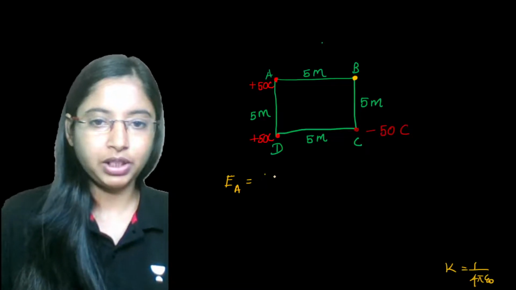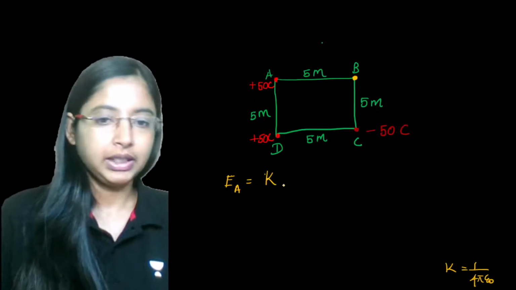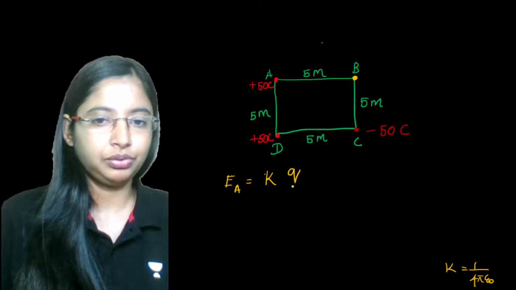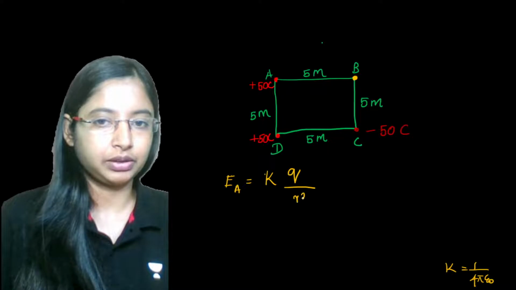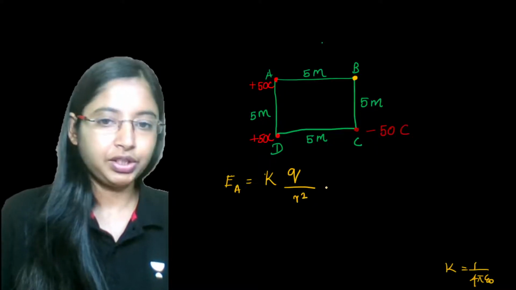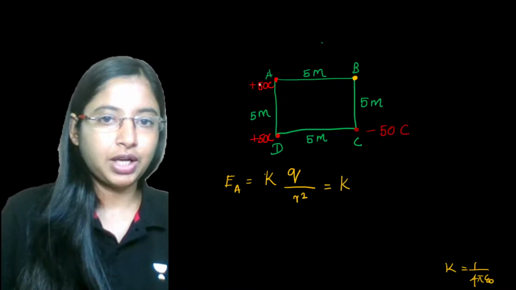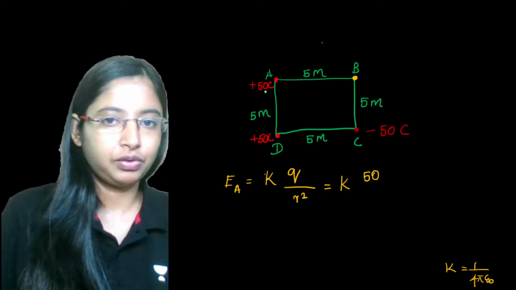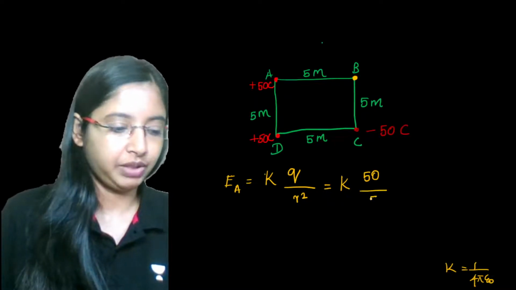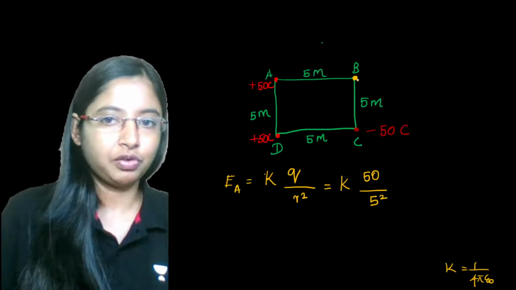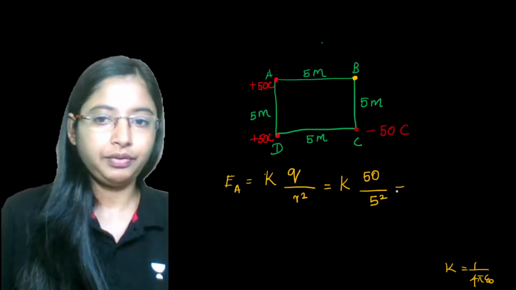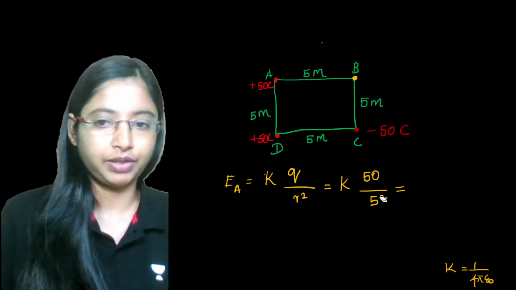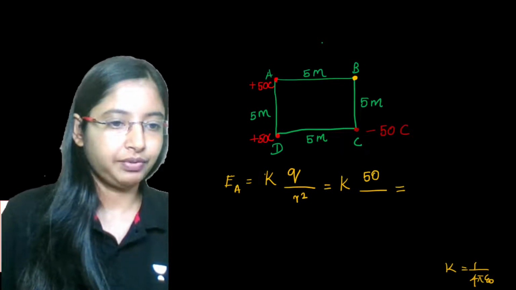I'm just going to keep K as it is. Over here the charge Q is 50 coulombs, kept 5 meters apart. If you calculate this, 5 square is 25, so 50 by 25 will give us 2.